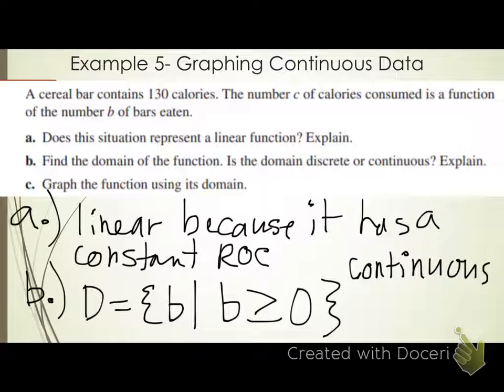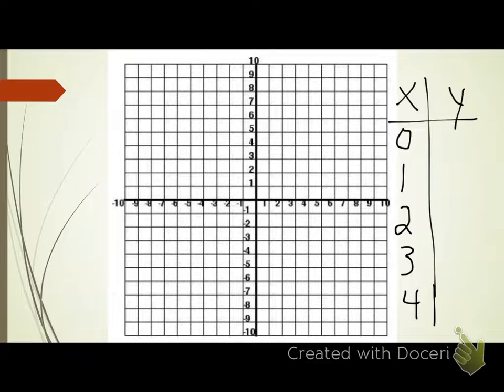The number of calories I consume equals the number of bars times how many calories are in a bar, 130b. So the number of calories per bar times the number of bars will give me the total number of calories consumed, correct? So there's my equation. C equals 130b.